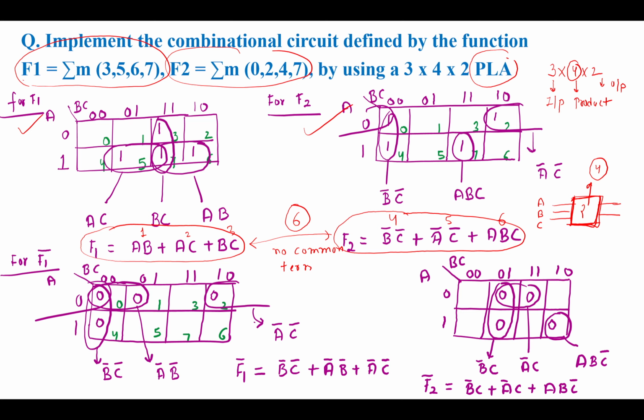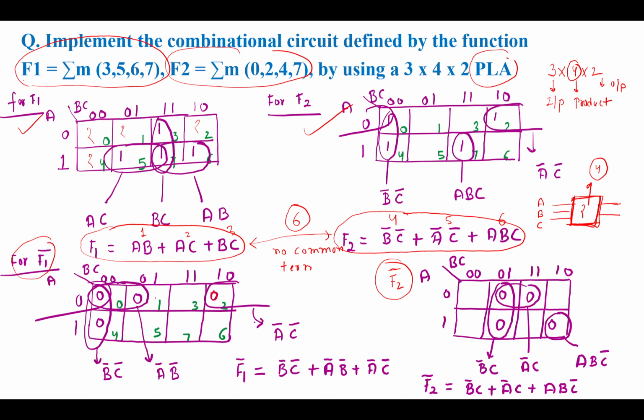So in this way we have to find out F1 bar and F2 bar. These two diagrams, F1 bar and F2 bar, are Kmaps actually. So what are the remaining conditions?